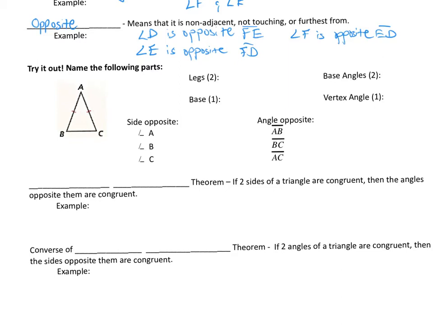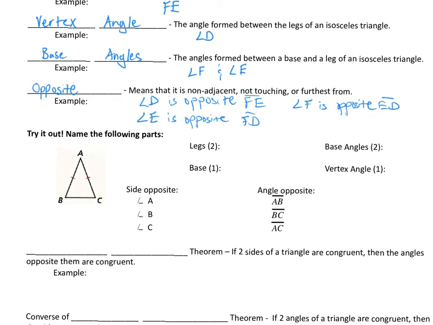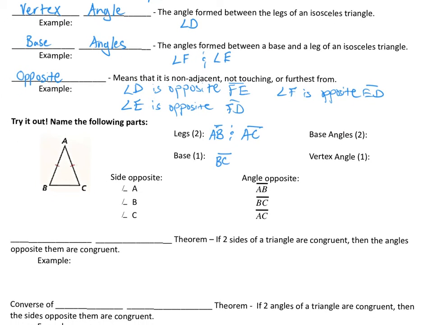Our legs here are AB and AC. Those are the legs. Our base here is BC. Our base angles are angle B and angle C. And our vertex angle, the one on top, is angle A.